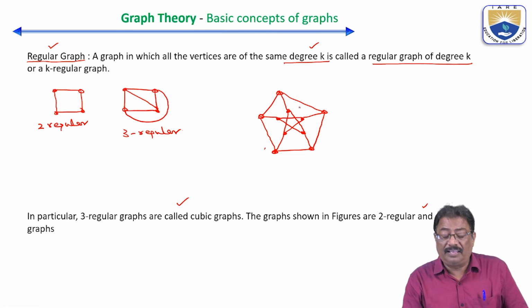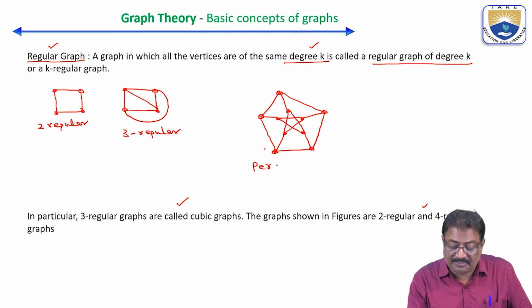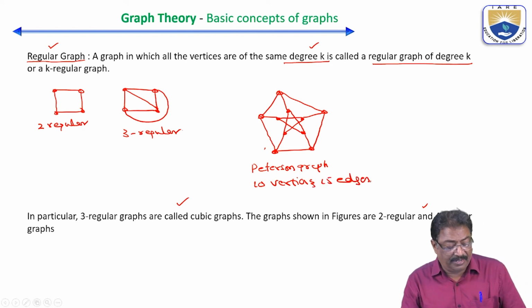Such a graph is known as the Petersen graph, which has 10 vertices and 15 edges. And similarly we can construct 4 regular graphs also.